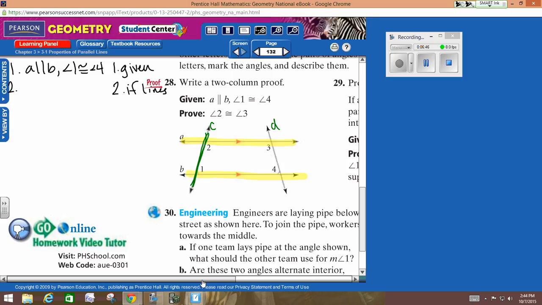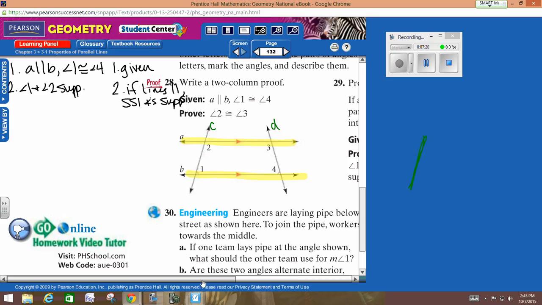Okay, what do you want me to put on the left side, though? Just like that? I like how when you were reading your reason, you added your L and you went supple. Is that how you abbreviate it with an L? I like that. Good. 1 and 2 have to be supplementary because if lines are parallel, then same side interior angles are supplementary.